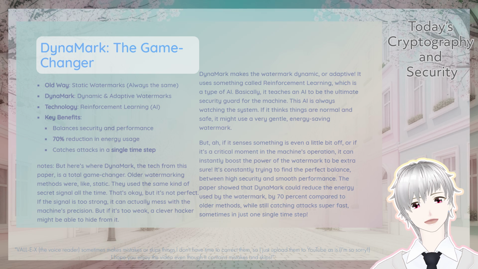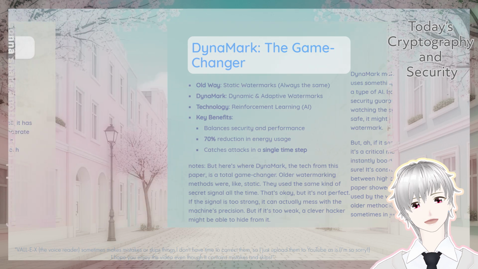It's constantly trying to find the perfect balance between high security and smooth performance. The paper showed that DynaMark could reduce the energy used by the watermark by 70% compared to older methods, while still catching the attack super fast, sometimes in just one single time step.